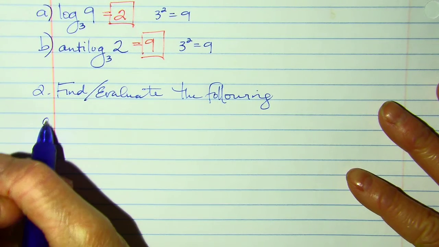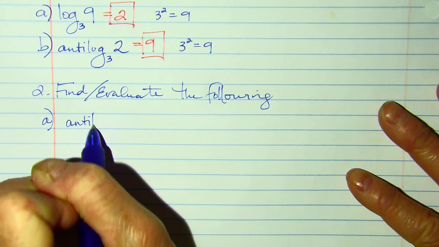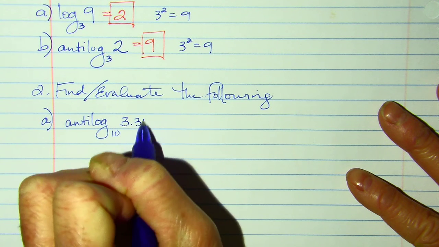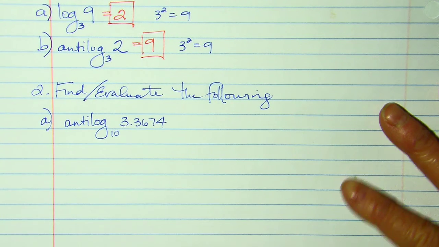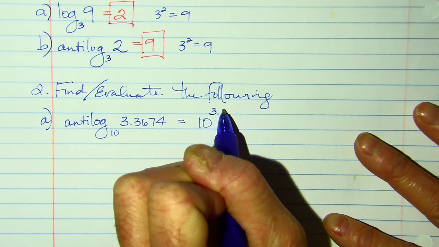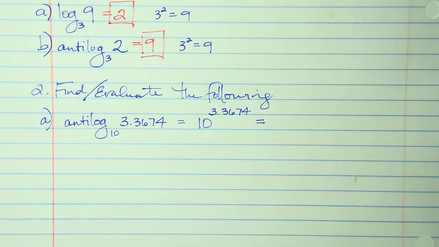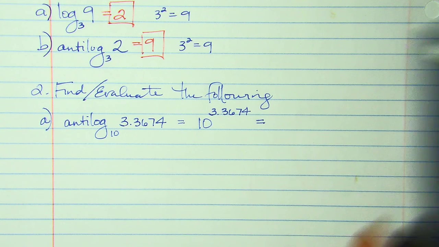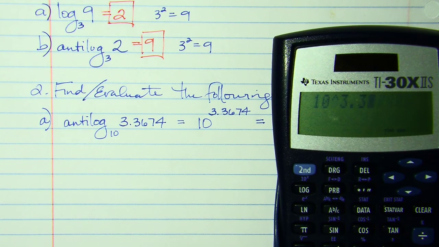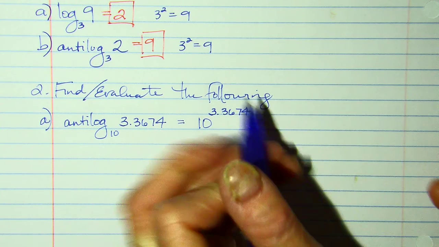So part A, if I asked for the antilog base 10 of 3.3674, you would take a calculator and you would enter 10 to the 3.3674, and that would give you your answer. That is it. So if you see these problems, it's one of the easiest sections covered. So 10 to the 3.3674, and I get 2330.24.